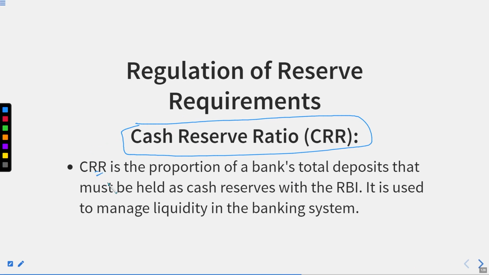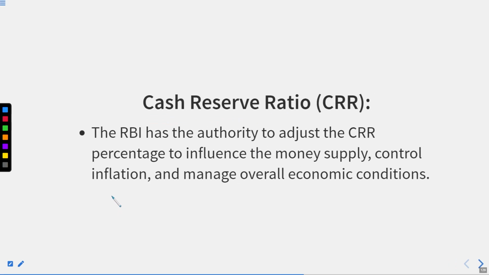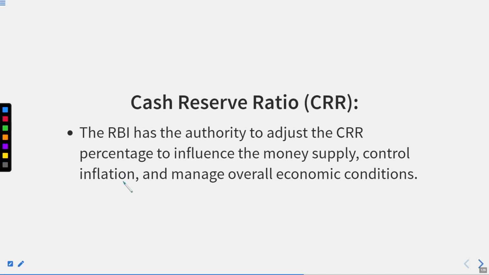The CRR is the proportion of a bank's total deposits that must be held as cash reserve with the Reserve Bank of India, issued to manage liquidity in the banking system. The RBI has the authority to adjust the CRR percentage to influence the money supply, control inflation and manage overall economic conditions.